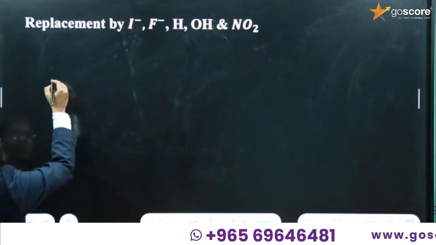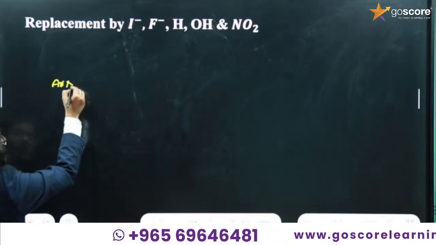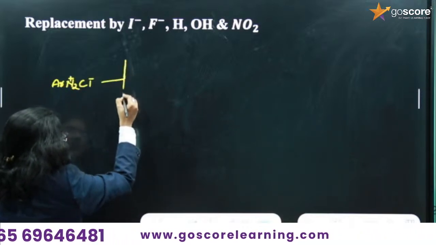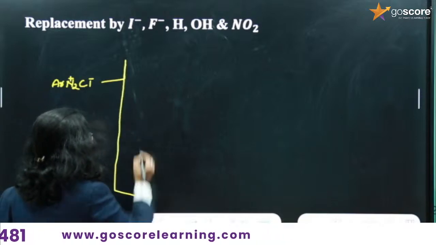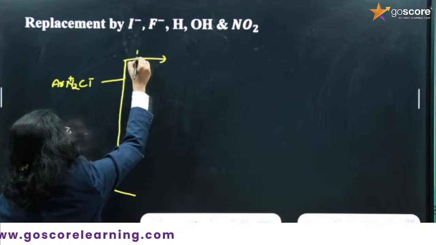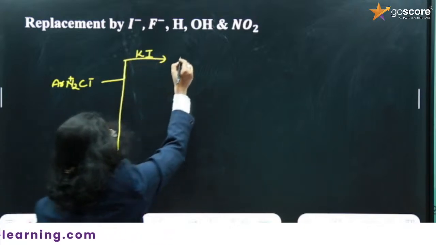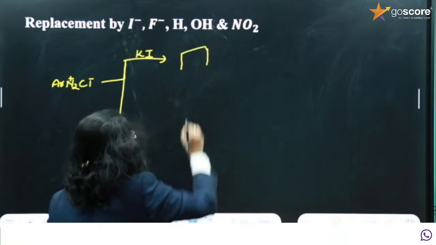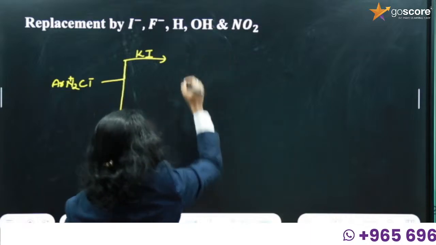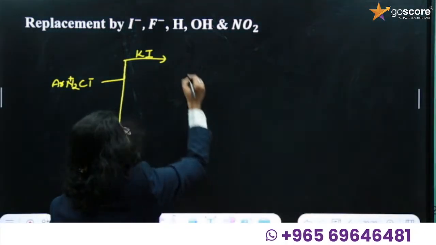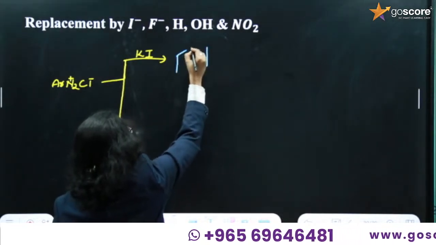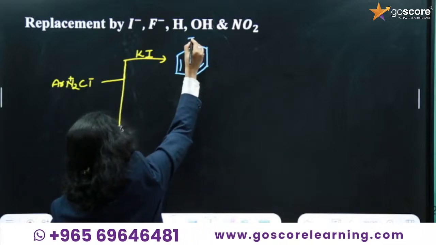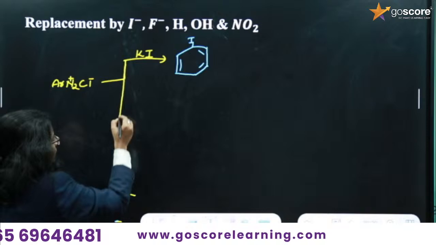So we can see that Ar plus N2 Cl minus, if you are treating with potassium iodide, that is KI, you will get iodobenzene. Okay.